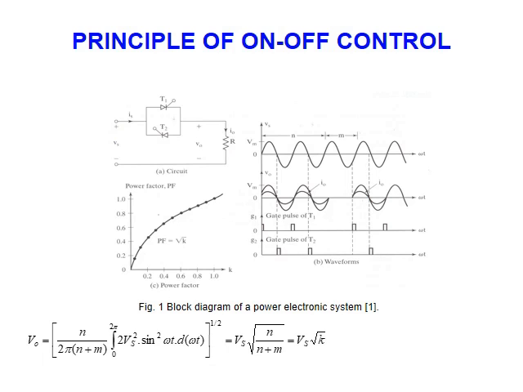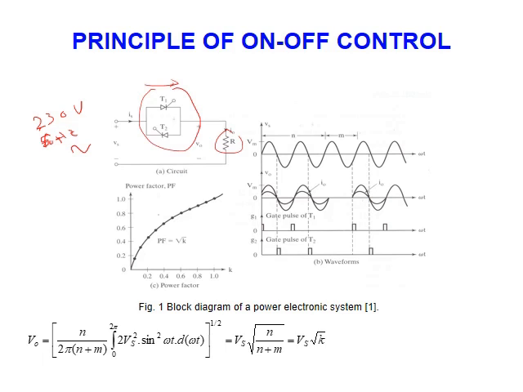Now, the idea is very simple. We have here AC. Let's assume we are talking about Oman 230 volt, 50 Hertz, and this is my load, resistance or induction motor, whatever it is. I will connect two semiconductor switches, thyristors, anti-parallel.